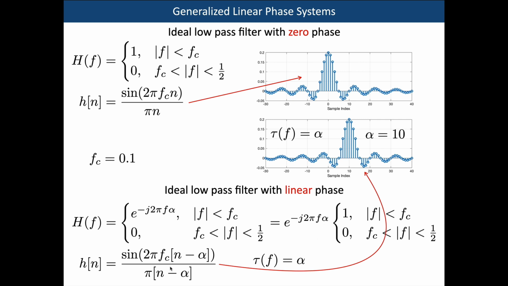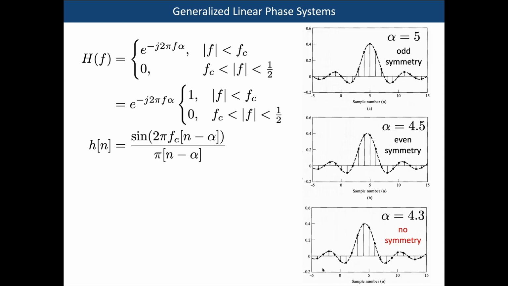So notice that the impulse response is just modified by the group delay. Let's continue on with this example, and I want to take a look at a couple of different cases. Now what we're focusing on is the symmetry of the impulse response. Again, what we're trying to do is distill what this generalized linear phase notion implies about the impulse response.